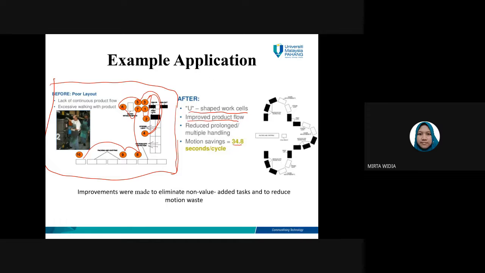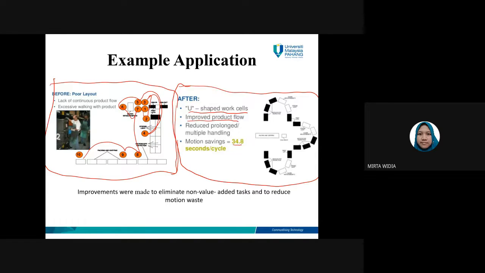So after they reduce this one, they eliminate the walking motion, they reduce the reach motion. They can save about 34.8 seconds per cycle. So this is another example of application in one company. Yeah, after they do improvement on the layout, and also reduce the non-added value tasks.